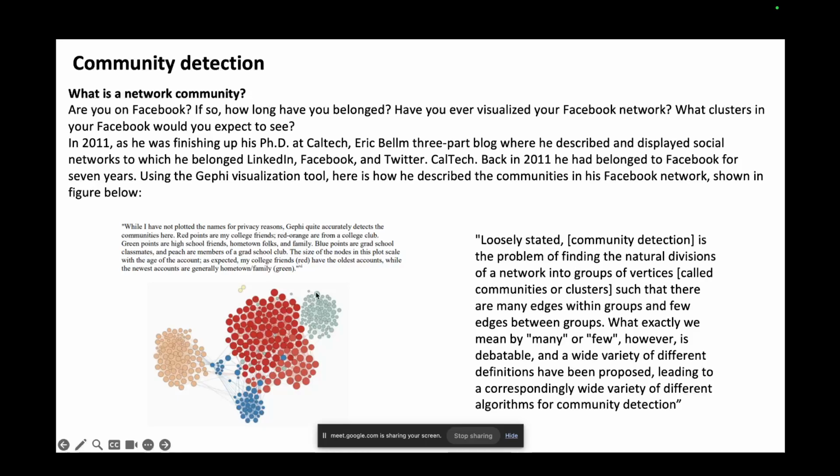If you take just the red dots here, these are his college friends. It is highly probable that these people studied in college together, including the guy making the network.